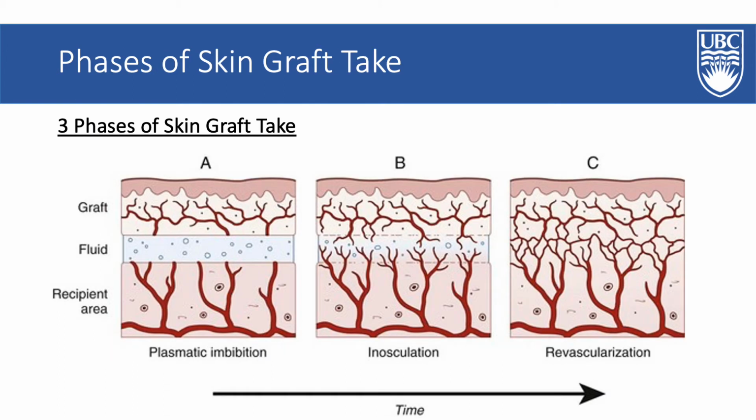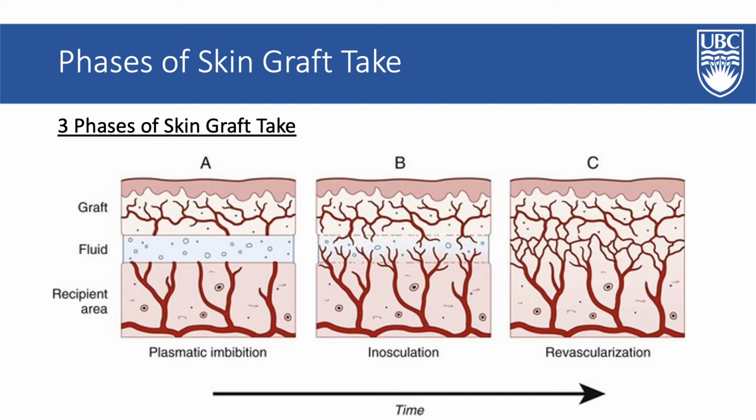There are three main phases in which a skin graft takes to the recipient site. First is plasmatic imbibition, where for the first 48 hours, the skin graft survives on the diffusion of nutrients. Second is inosculation, where the blood vessels in the graft align and connect with the sprouting blood vessels in the recipient site.